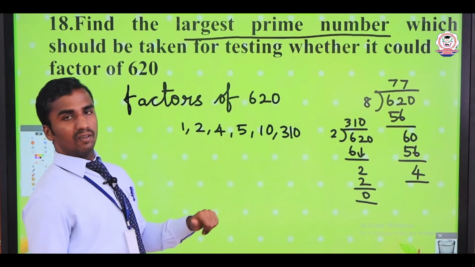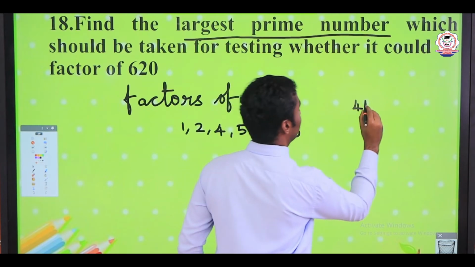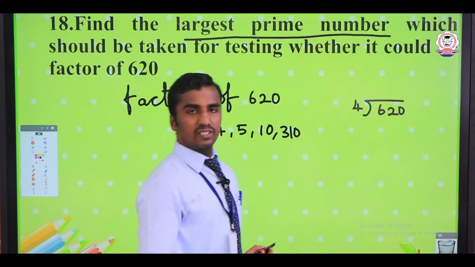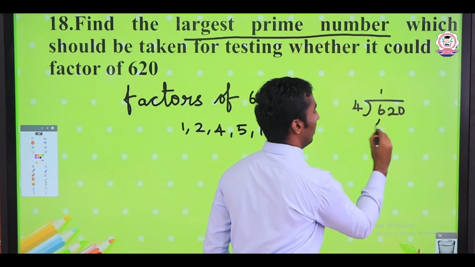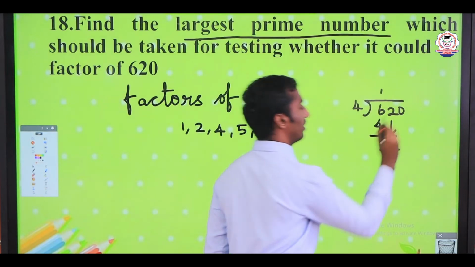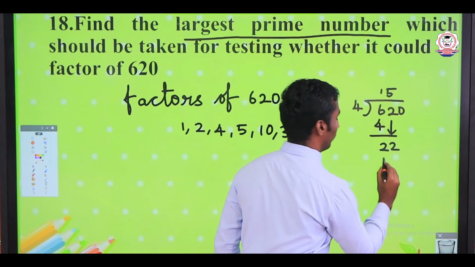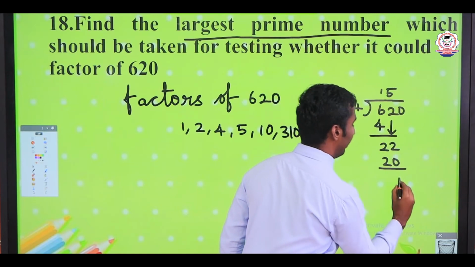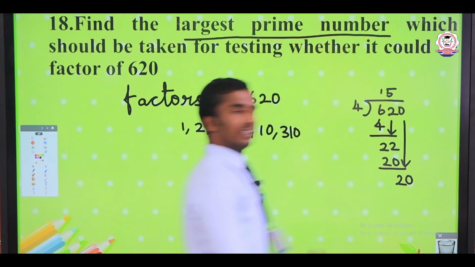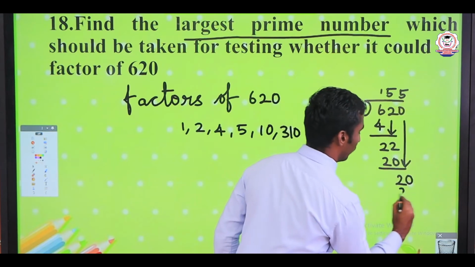Next, check the 4 table. Divide 620 by 4. 4 ones are 4, remaining 2. Bring down 2, we get 22. 4 fives are 20, remaining 2. Bring down 0, we get 20. Again 4 fives are 20.